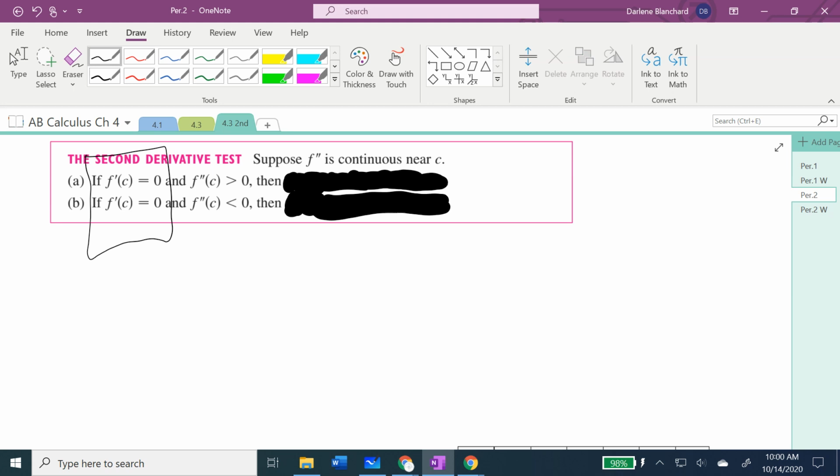So we're not talking about an undefined slope critical number. We're talking about c is a critical number and you know the slope is 0. If you also know that the second derivative is positive, what does it mean if you put together first derivative is 0 and your second derivative is positive and you're in the middle of a continuous second derivative?